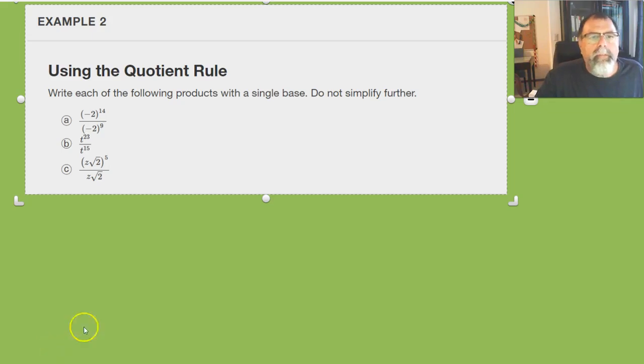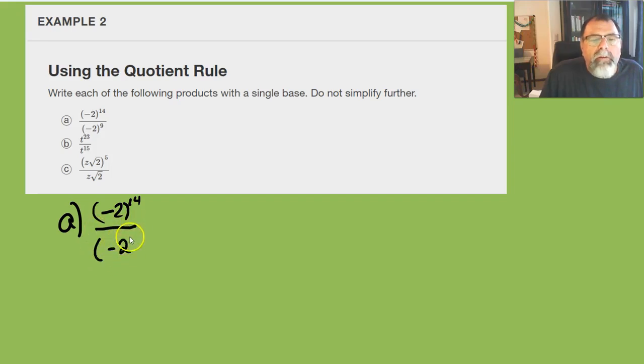Okay, let's look at example 2. Using the quotient rule, write each of the following quotients with a single base. Do not simplify further. Okay, a, we have negative 2. Basically, we just want to use the quotient rule, just that first step.